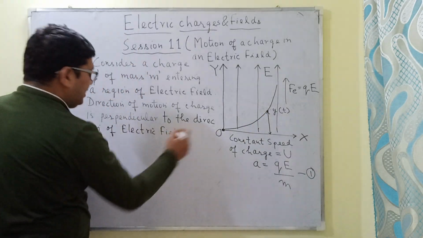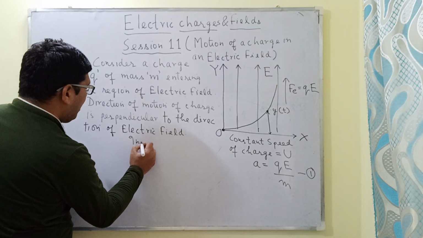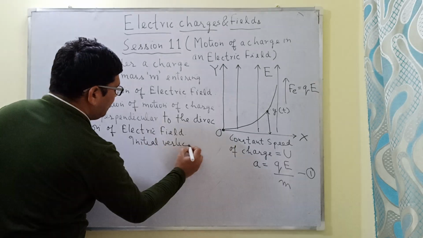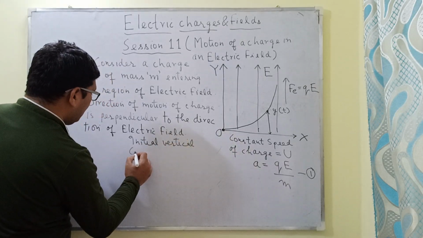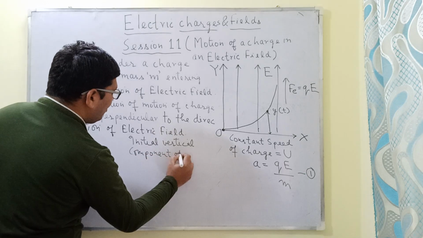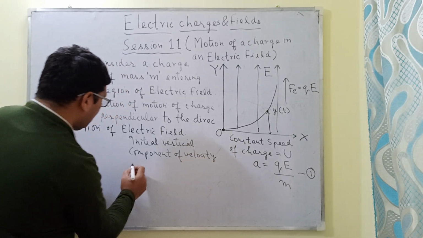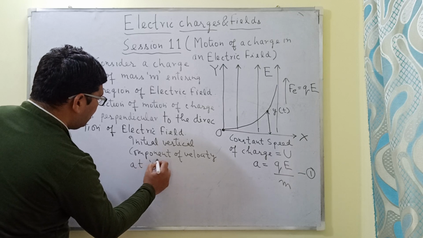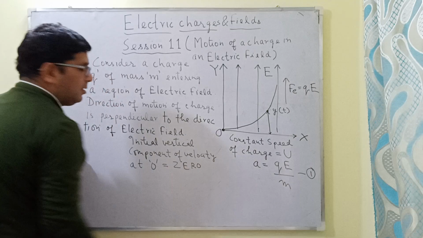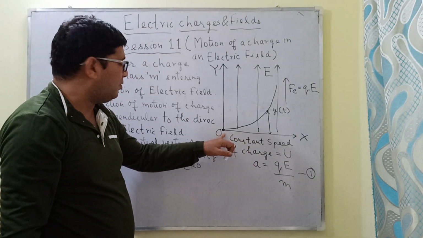So the initial vertical component of velocity at O is 0. The initial vertical component of the velocity of this charge at this point O is 0.